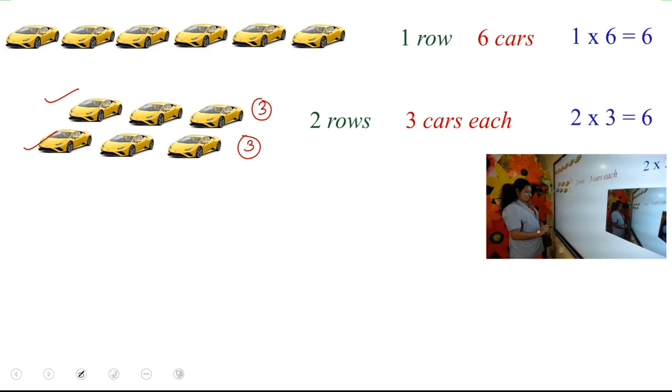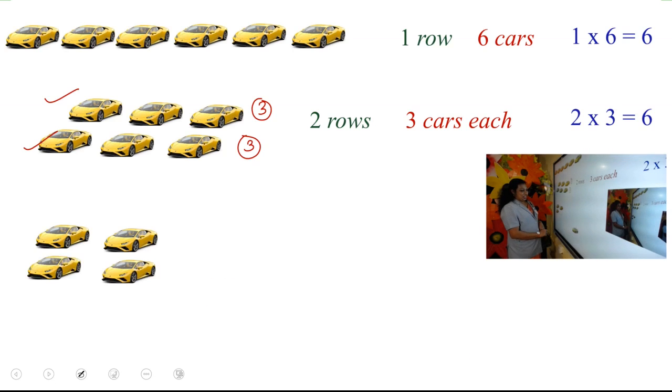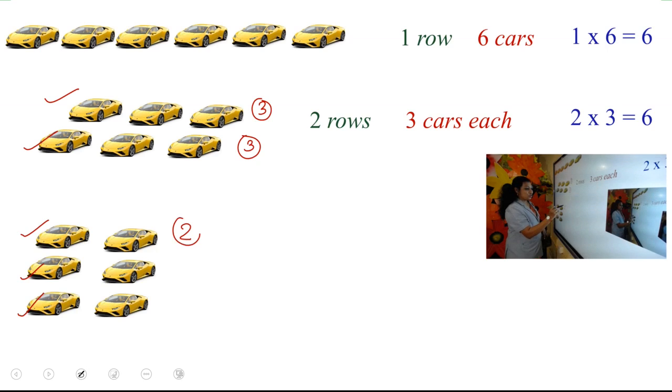Understood? Next. 1, 2, 3, 4, 5, 6. Now how many rows are there? 1, 2, 3 rows. How many cars in one row? Here 2 cars, here 2 cars, here 2 cars.